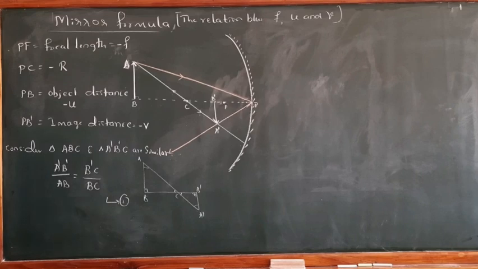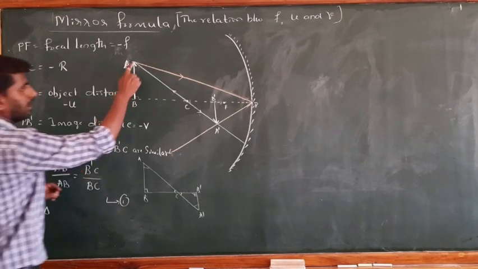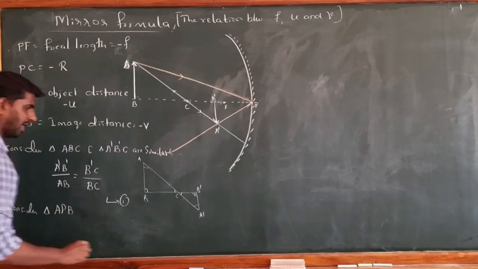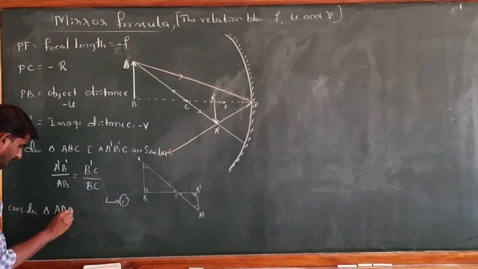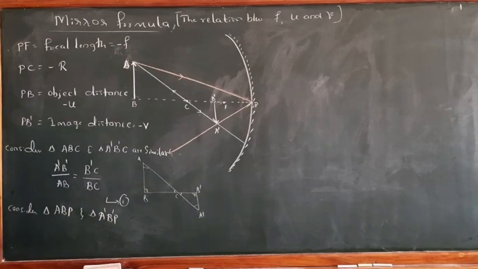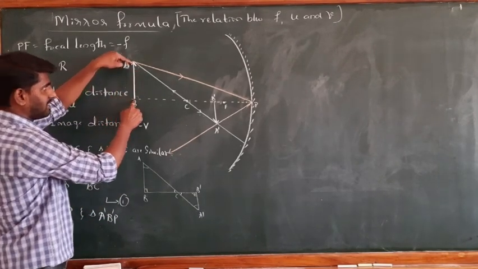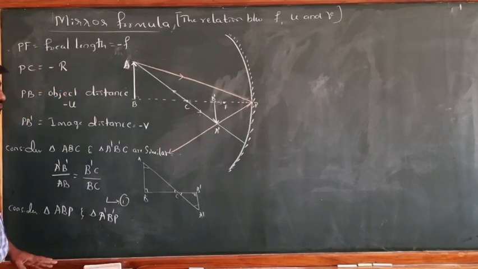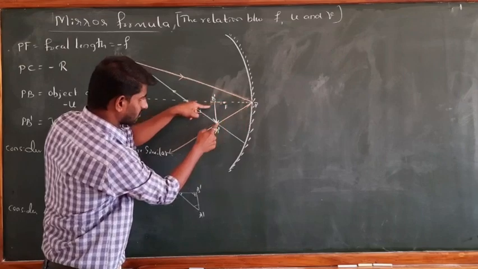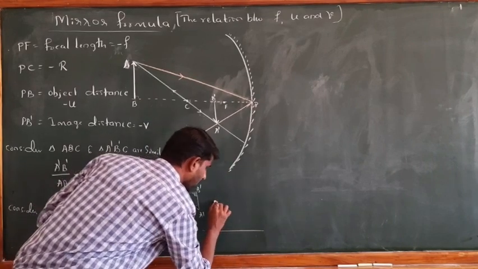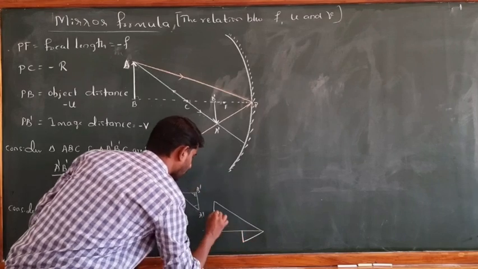In the same way, consider one more pair: triangle ABP, and triangle A dash B dash P. Where is APB?